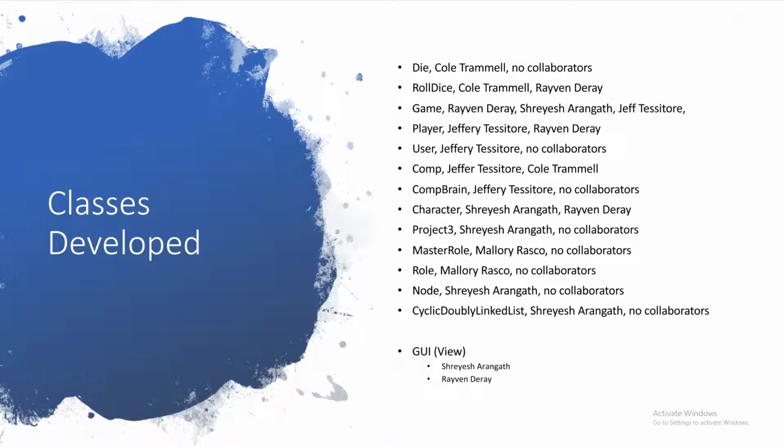The character class, the Project 3 class and the GUI were all created by Shreyash. Mallory created the roles for the players, and Shreyash created Node and the doubly linked list. On the screen is a list of all the classes for Project 3. Their creators are listed first, and collaborators are listed afterwards.